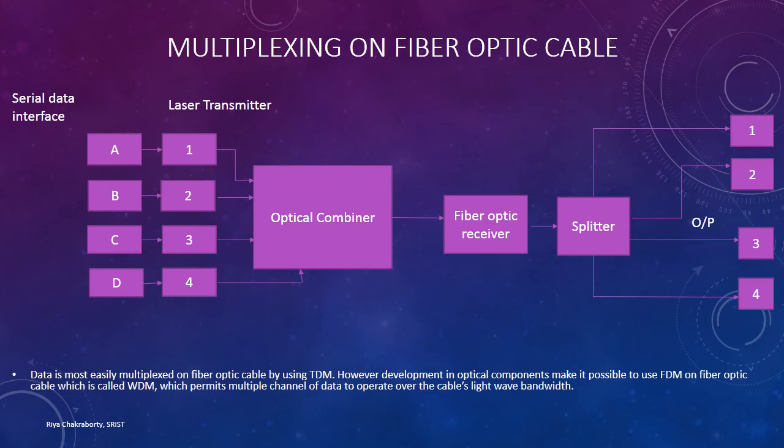WDM uses separate lasers to transmit serial digital data simultaneously on two or more different light wavelengths. You see it in the diagram. Current systems use light in the 1500 nm range. Each laser is switched off and on with the desired data.